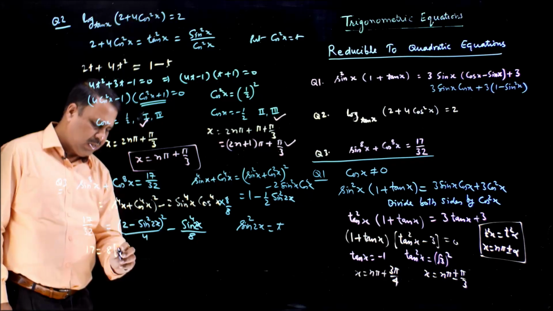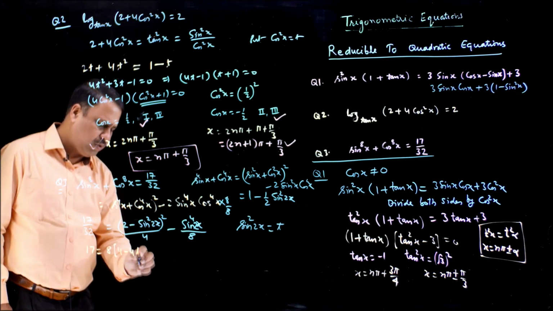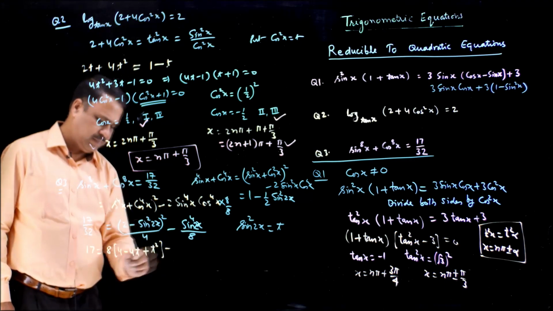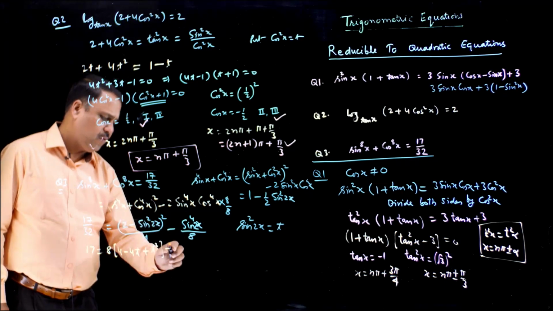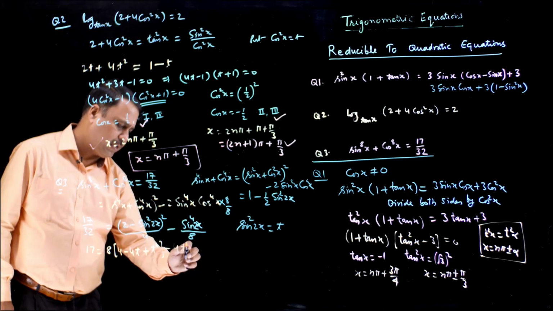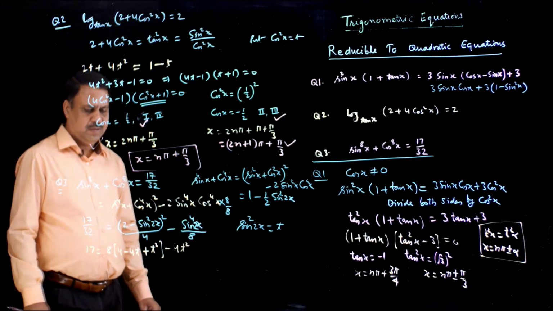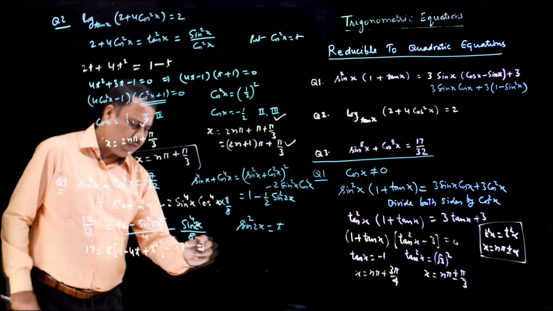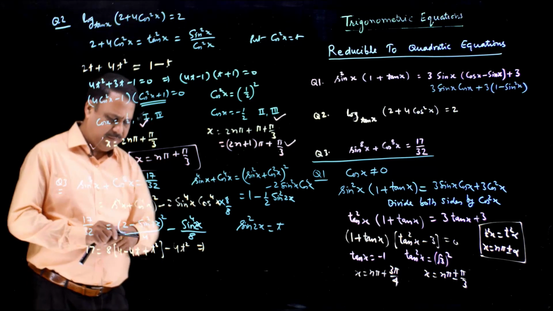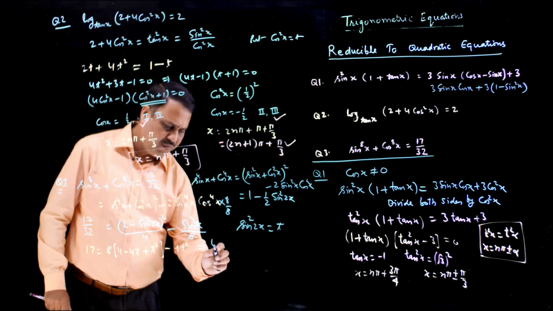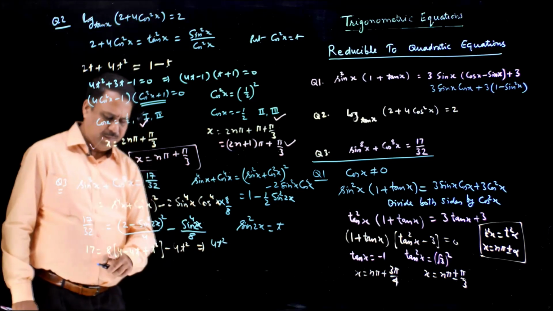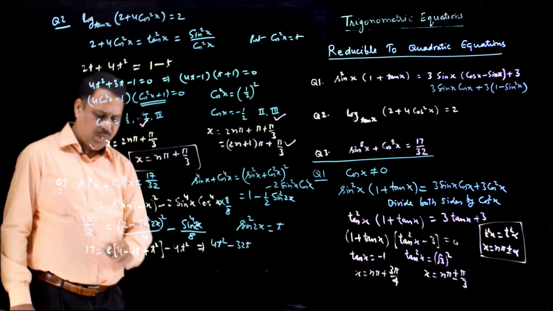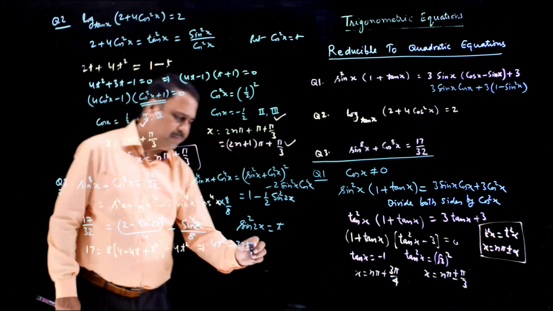(2 minus t) whole square is 4 minus 4t plus t square, minus 8 into t square. So this gives me 8t square minus 4t square, which is 4t square minus 32t plus 32 minus 17, which is 15.